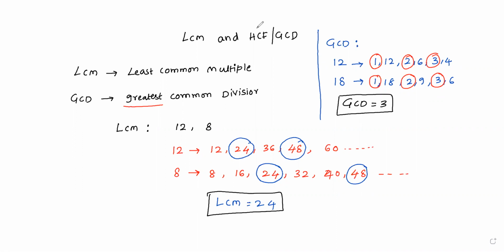Let me take a few examples, and according to the ratio method, see how we can solve. First we will see the ratio method, after that we will see special cases.